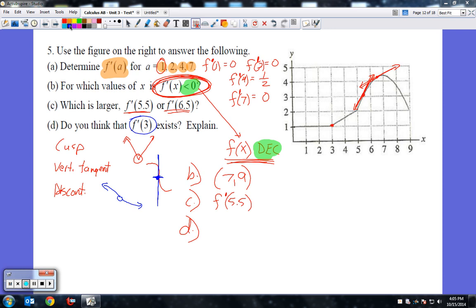So because this one is a cusp, we have this extreme change from a slope of 0 to a slope of 1/2. It's not gradual, it's not a smooth curve because it is a cusp. That's the explanation of why f prime of 3 does not exist. And that's it.